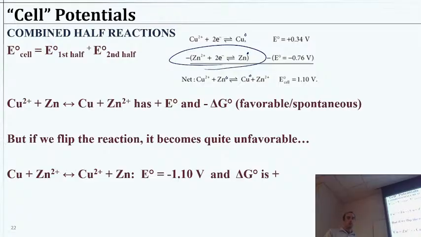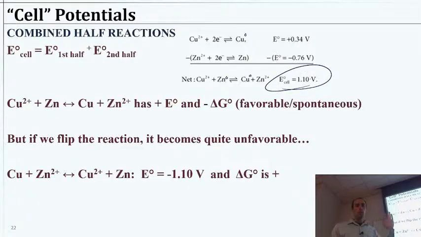If Cu2+ is going to oxidize zinc to form Cu0 and zinc 2+, we add our equations accordingly, right? In this case, the example is subtracting this half reaction. So that's why we have the minus here. So when we add it together, we get a net electrochemical cell potential of 1.10 volts.